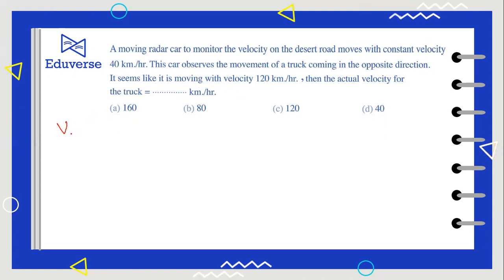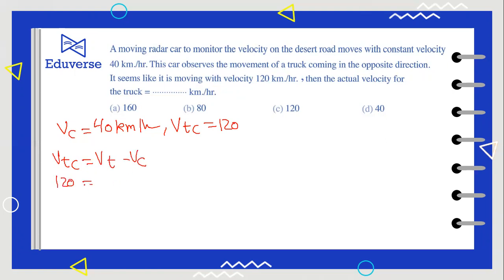Then the velocity of the car is 40 kilometers per hour, and the velocity of the truck with respect to the car is 120. They are in opposite directions. I know velocity of truck with respect to car equals velocity of truck minus velocity of car.